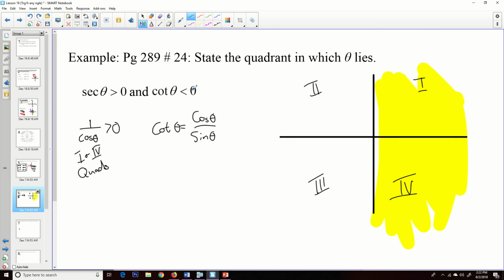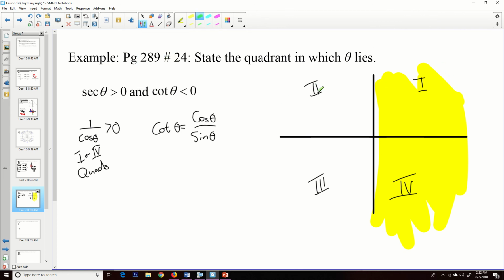So what has to be true for a fraction to be less than 0? Well, either the numerator or the denominator has to be negative, but not both. All right. So in quadrant 3, they're both negative, which would be negative divided by negative is positive, so it wouldn't be less than 0. In the first quadrant, it wouldn't be less than 0 because we'd have positive divided by a positive.